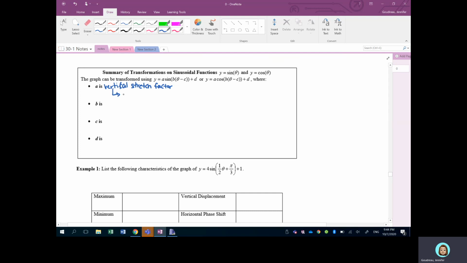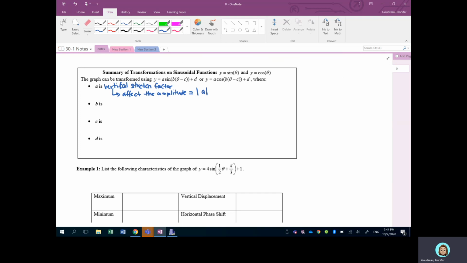So a is going to affect the amplitude. In fact, the amplitude is going to be equal to the absolute value of a. Whatever our vertical stretch factor is, that's the amplitude of the graph. That's going to tell us how far the distance is from the midline to the maximum or the midline to the minimum.